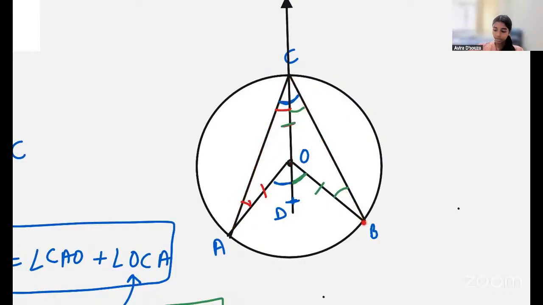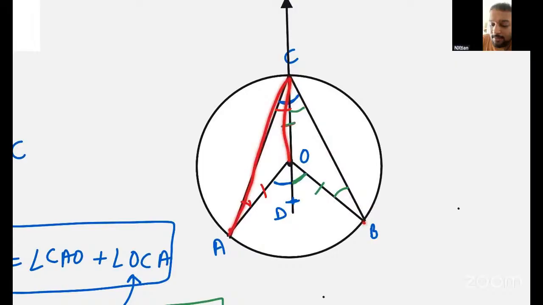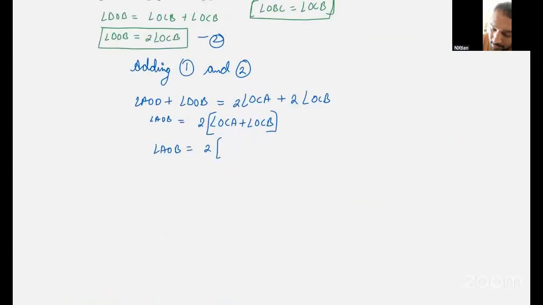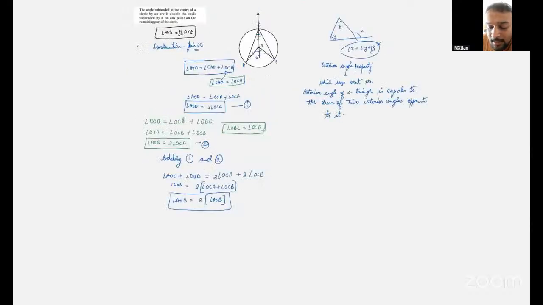Angle ACB. Yeah, ACB. So this is what we had to prove: angle AOB is equal to twice angle ACB. Everyone got this? Any doubt? No, sir.